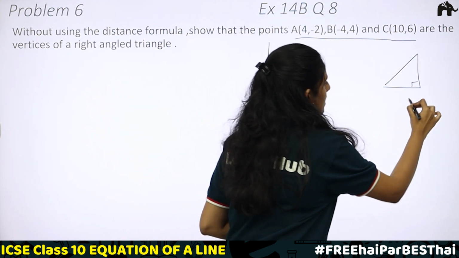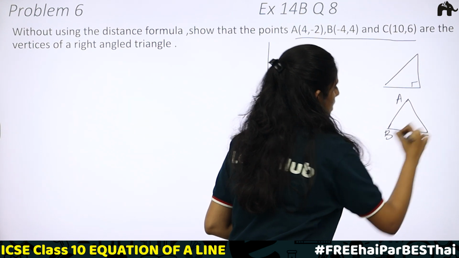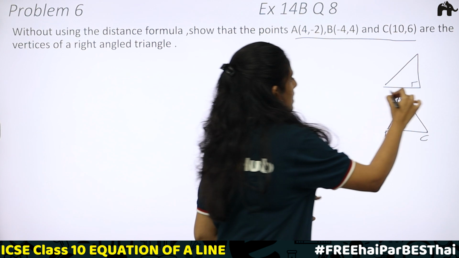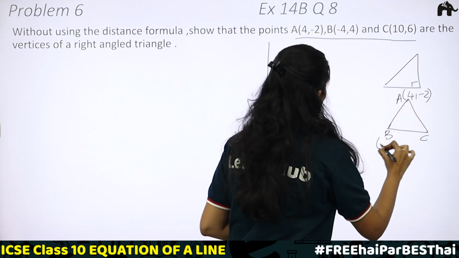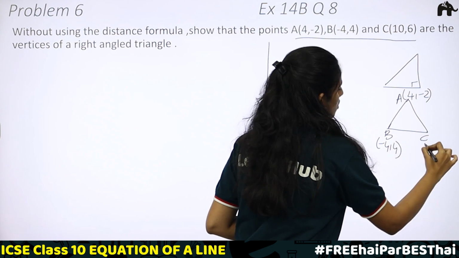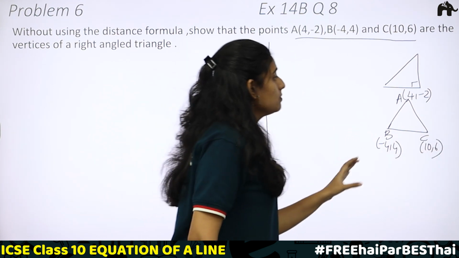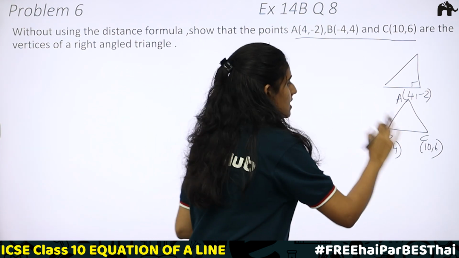Okay, now we are considering a triangle ABC. We should show that this is a right angle triangle. Let us take the coordinates. A coordinate is (4, minus 2), B coordinate (minus 4, 4) and C coordinate (10, 6). Now when it comes to a right angle triangle, you will be having a hypotenuse, a base and a height.